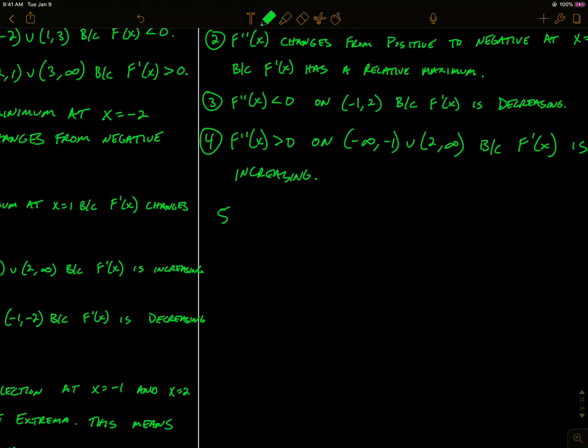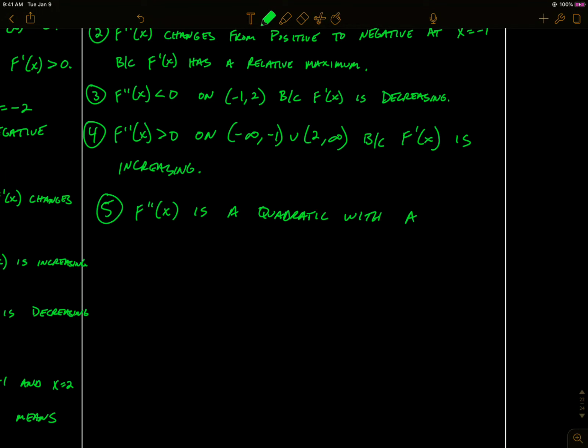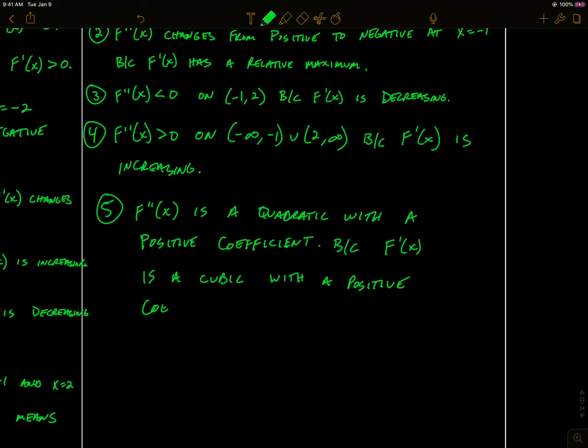Oh, I forgot to mention, we also know that the second derivative is a quadratic with a positive coefficient, because f prime is a cubic with a positive coefficient.